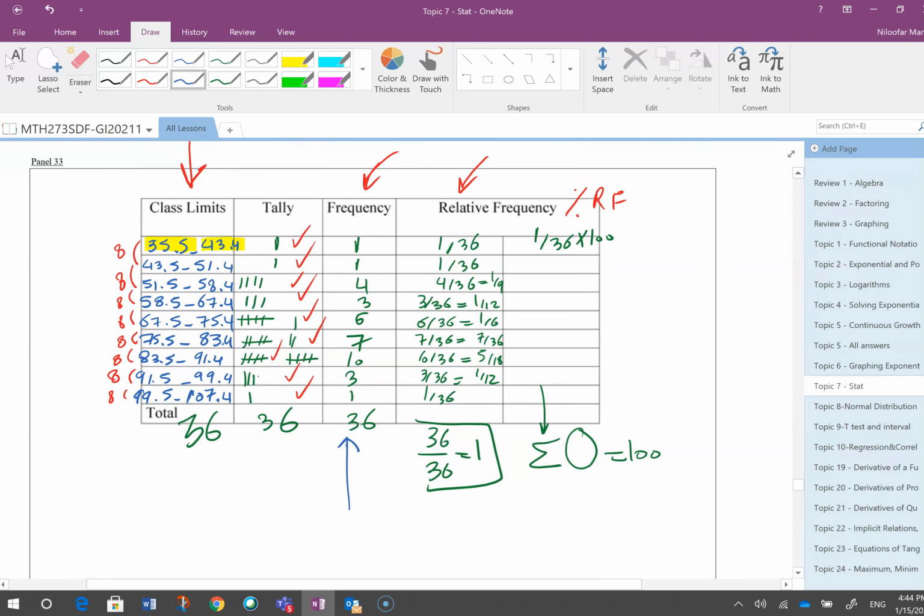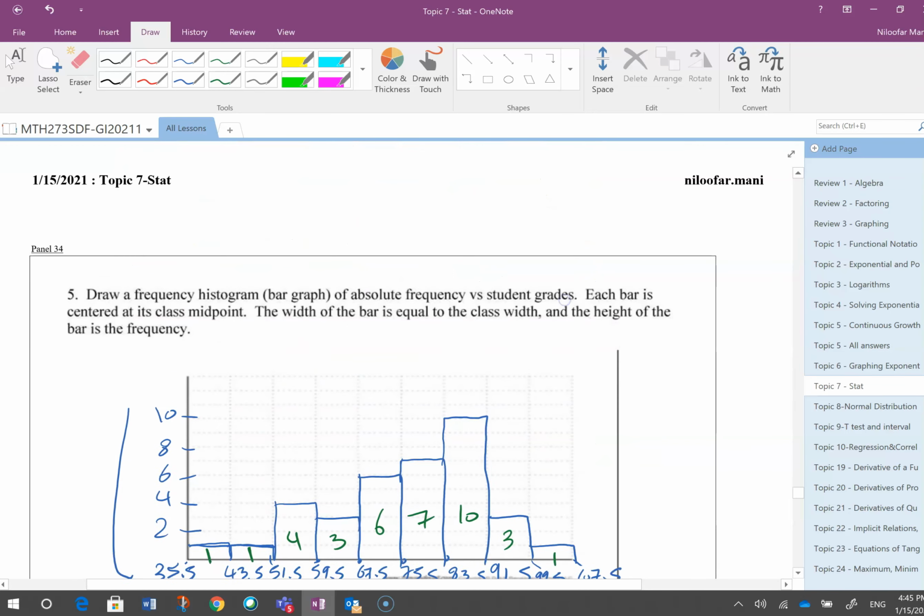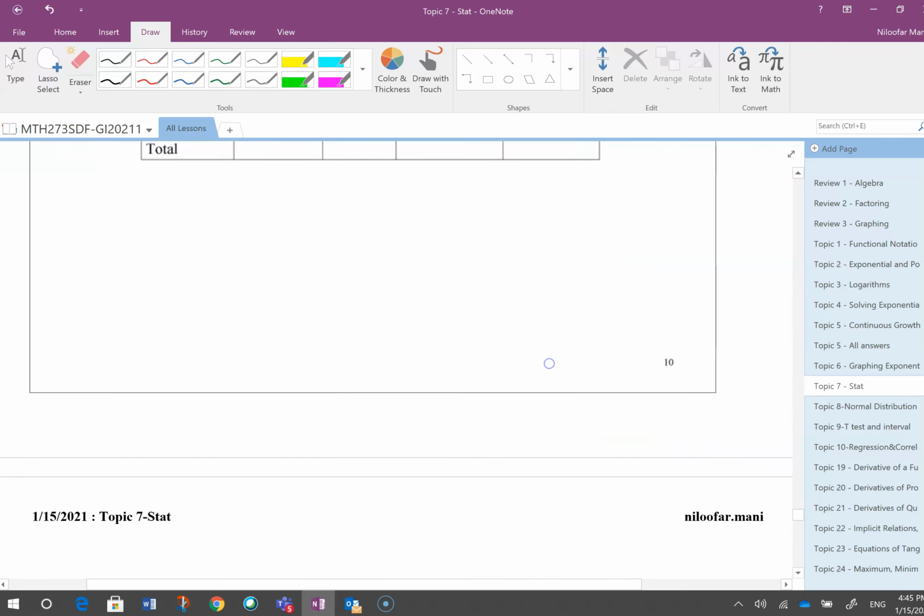If I reach more than 36, it means at least one data belongs to 2 groups, and that's wrong. If I reach less than 36, which is the total number, it means one data doesn't belong to any group. That's also wrong. And then you can make the histogram, all of them here.